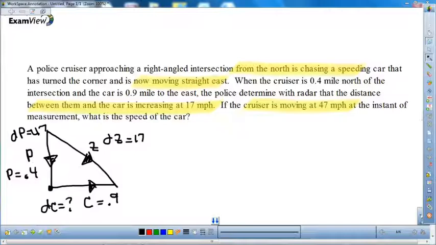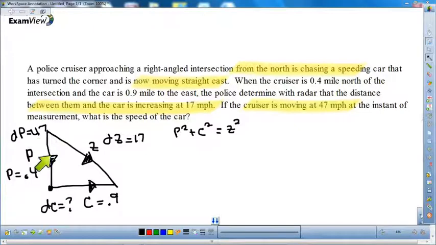The way I'm going to put these all together is to use the Pythagorean theorem. So it's going to be the police cruiser squared plus the car squared equals Z squared. Now, in previous lessons, we always were able to substitute one of these variables because it was constant. In this specific case, none of them is constant.